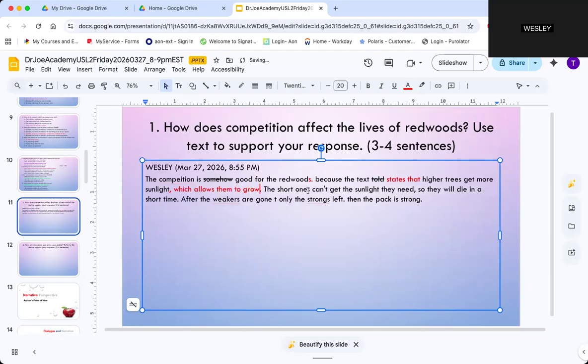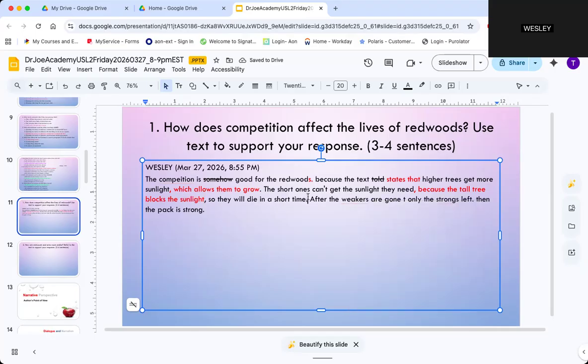The short ones can't get the sunlight they need because the tall trees block the sunlight for them. So they will die in a short period.